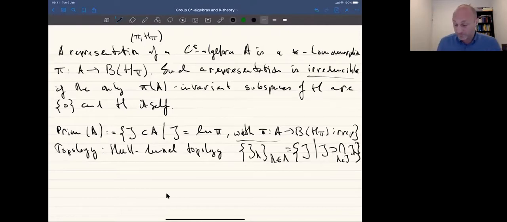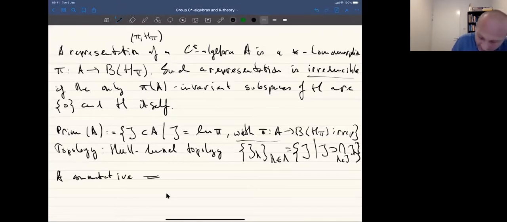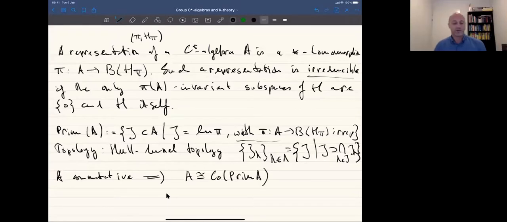Now, this is a well-known topology, and the Gelfand-Naimark theorem about commutative C-star algebras says that if A is commutative, then A is actually isomorphic to the continuous functions on this primitive ideal space, because the irreducible representations will be all one-dimensional.